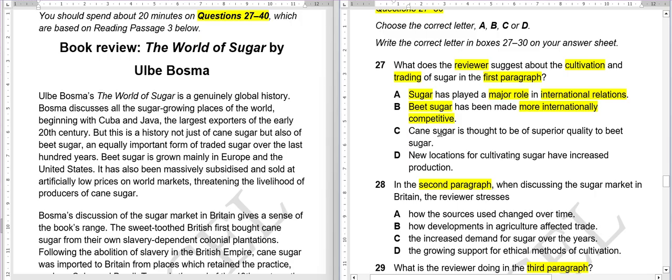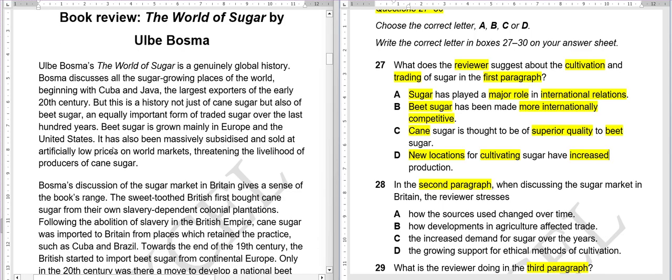C: Cane sugar is thought to be of superior quality to beet sugar. If we are talking about better quality, that cane is better than beet, then C will be our answer. D: New locations for cultivating sugar have increased production. If the number of locations has increased, then D will be our answer.